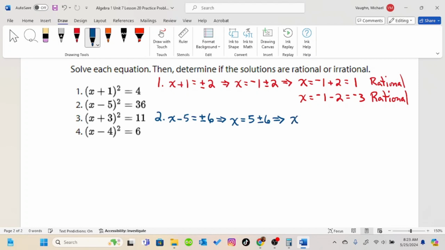If we add, then x equals 5 plus 6, which is 11, and whole numbers are rational numbers. They can be written as themselves over 1. If we subtract, then 5 minus 6 equals negative 1, which is a whole number, can be written as negative 1 over 1. So this is a rational number.